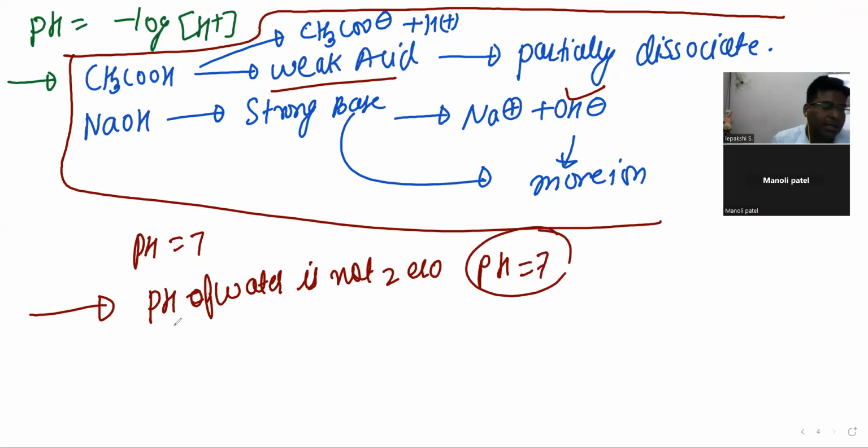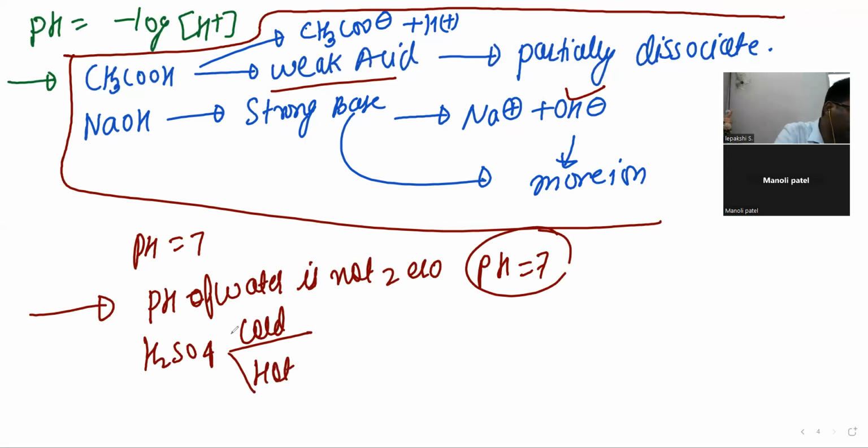Cold and concentrated H2SO4. Suppose I am taking H2SO4 in two conditions, cold and hot, right? With the lower H plus ion concentration, in that condition it exists mostly in unionized form.